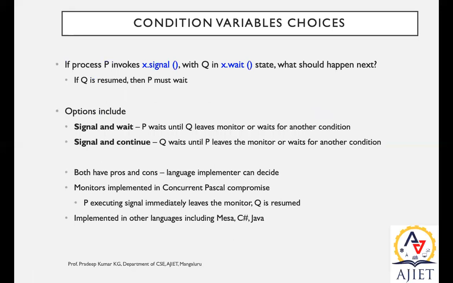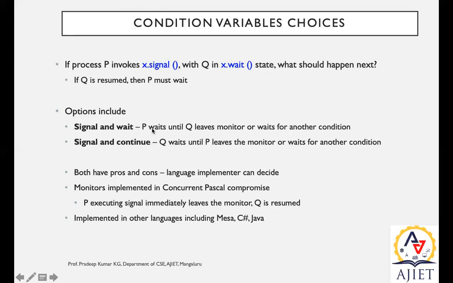We may have different choices also. If process P invokes signal with Q in wait, that is, Q is resumed, then P must wait, because P has already entered the queue and has the signal. In this scenario, the options include signal and wait, and signal and continue.